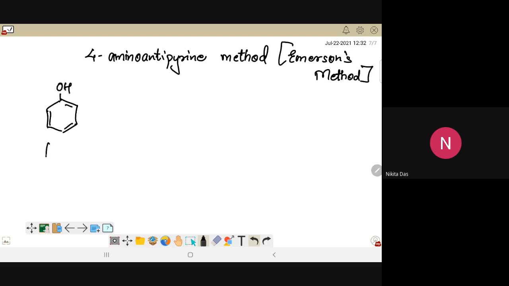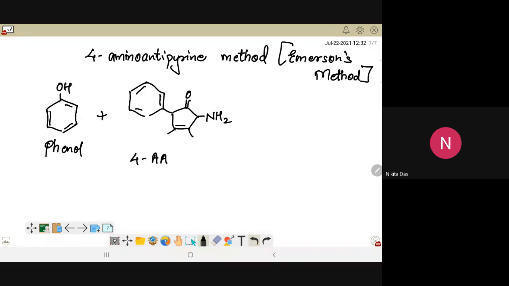this is my phenol, and this is the structure of antipyrine. This is my 4-amino antipyrine, which I'm writing as 4AA for now.